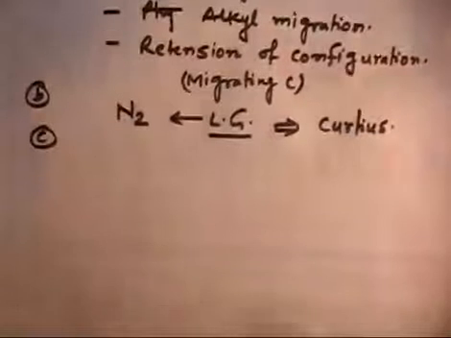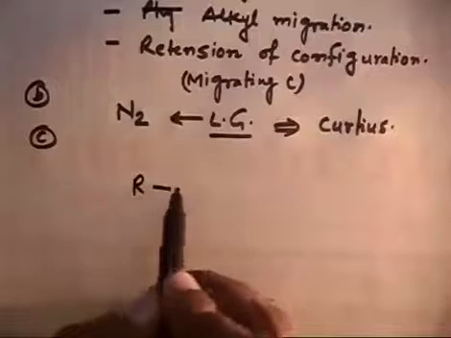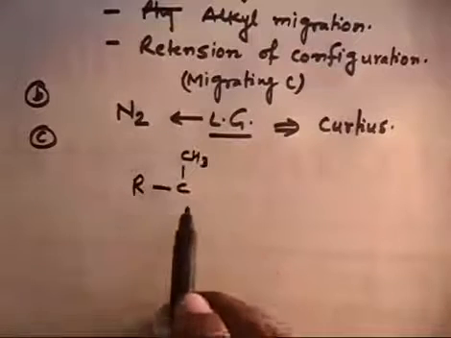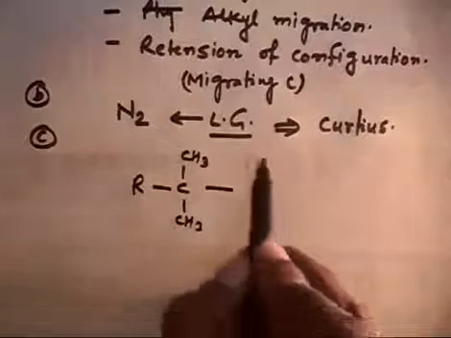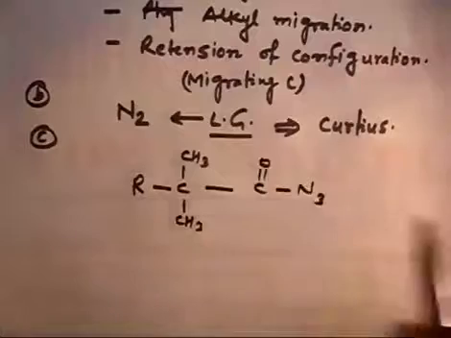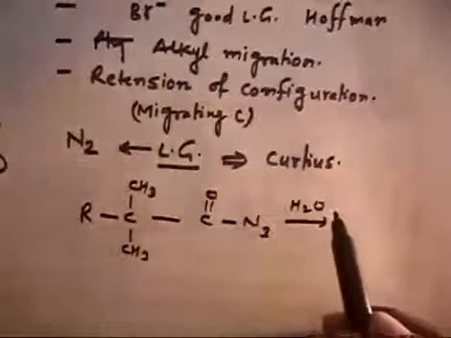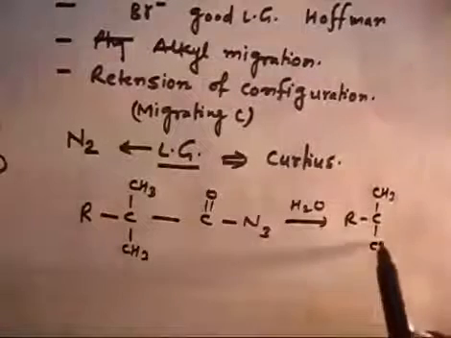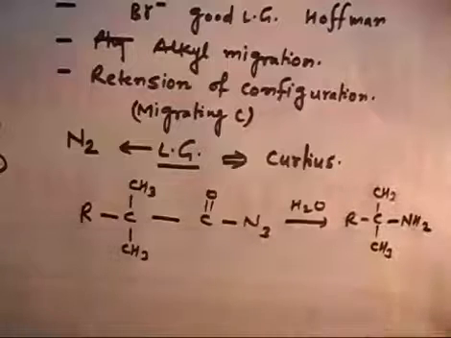Now the third part is saying, you have R here, and then C, CH3, CH3, and CO, N3, and if you treat with H2O, you are getting R, C, CH3, CH3, and NH2, and it says propose the mechanism.